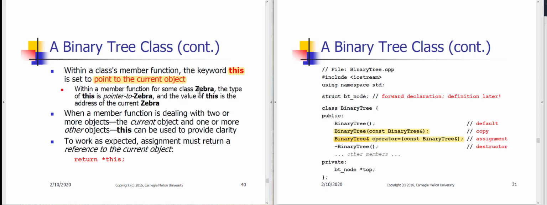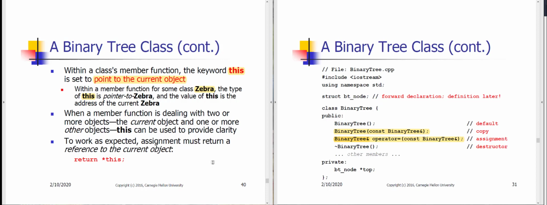All right, so regardless of class, let's suppose that we've created a class called Zebra, and we are now executing some member function that's defined for the Zebra class. Internally within that member function, anytime I use this, it's understood to be a pointer to Zebra, and particularly a pointer to the current Zebra object.